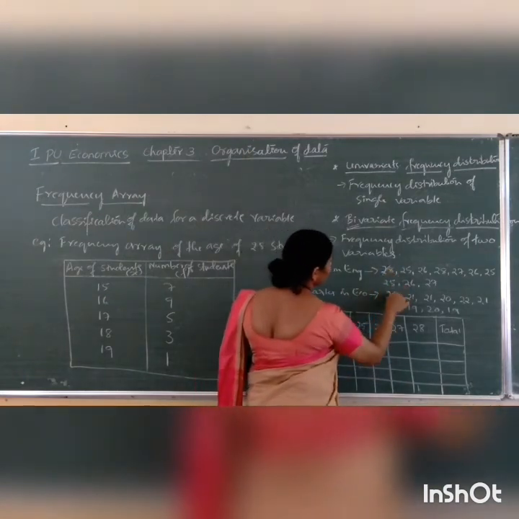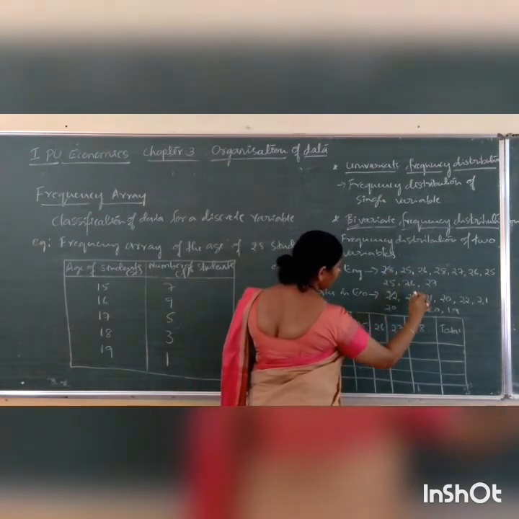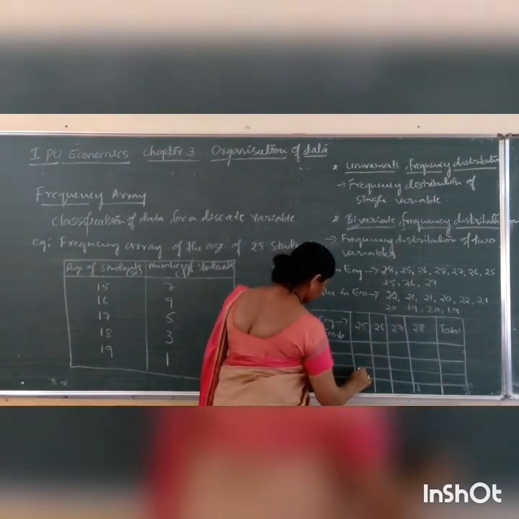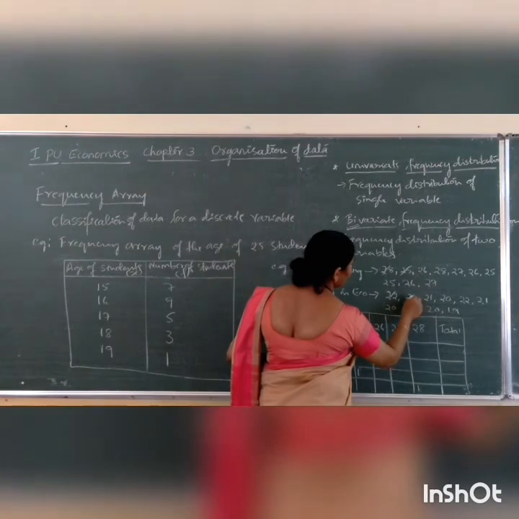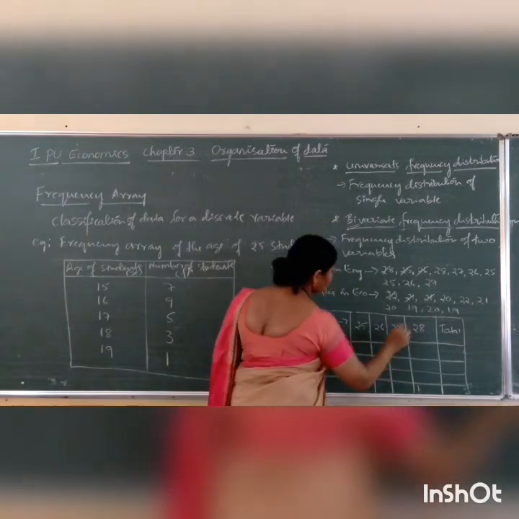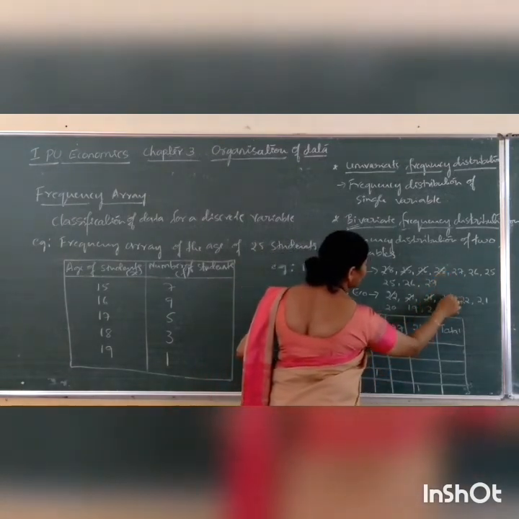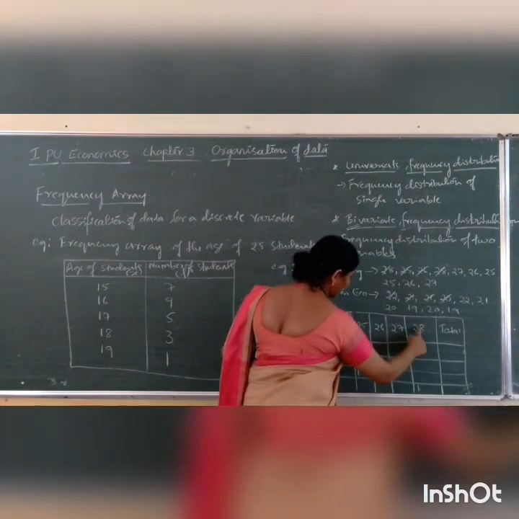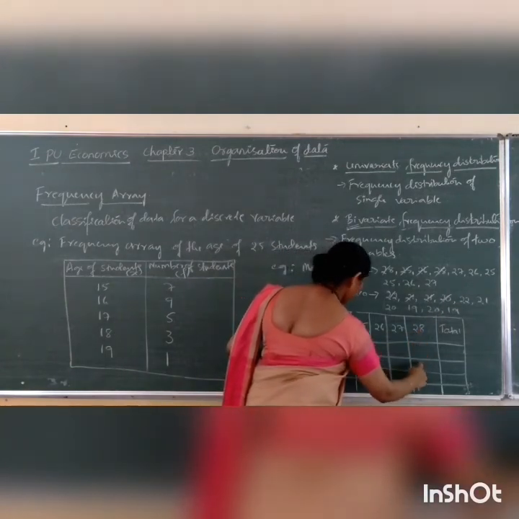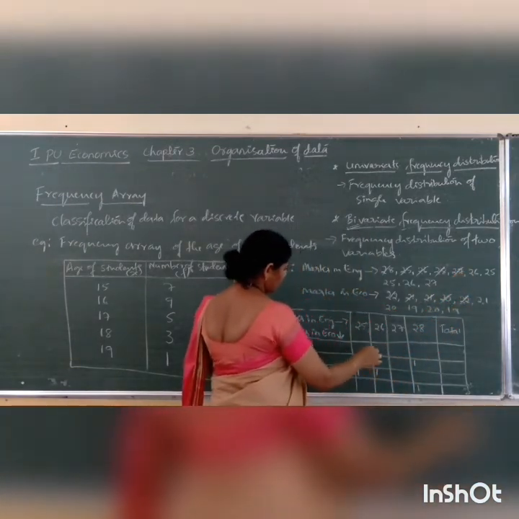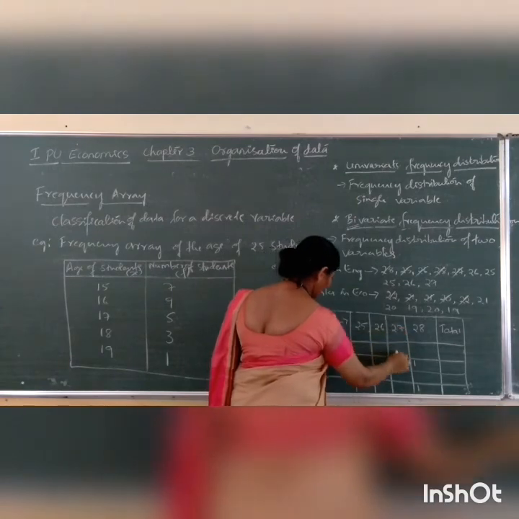Next, this one is over. 25 and 21, over. Next 26 and 21. Next 28 and 20. Then 27 and 22.